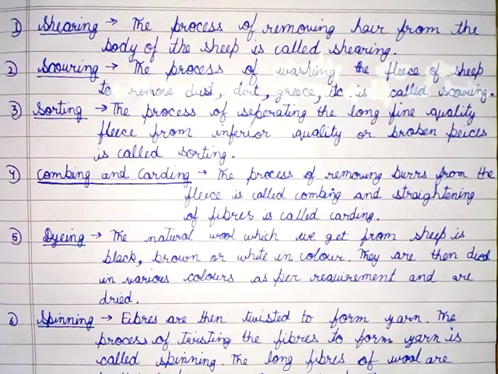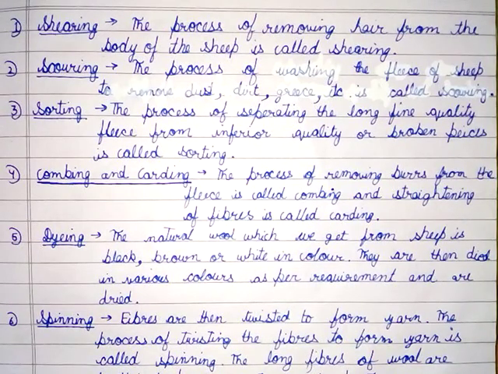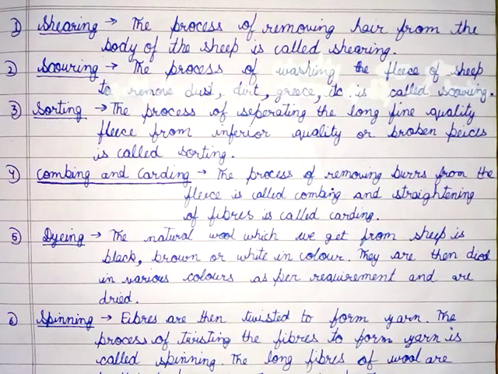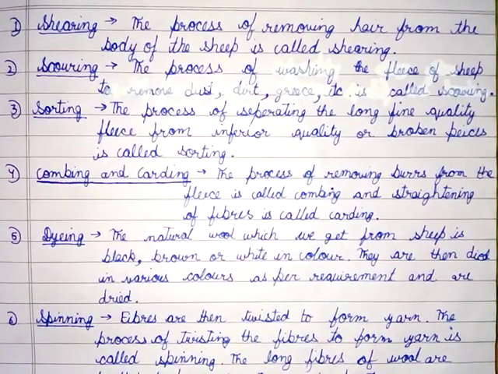Sorting, the process of separating the long fine quality fleece from inferior quality or broken pieces. Combing and carding, the process of removing burrs from the fleece is called combing, and straightening of fibers is called carding. Dyeing, the natural wool which we get from sheep is black, brown or white in color.